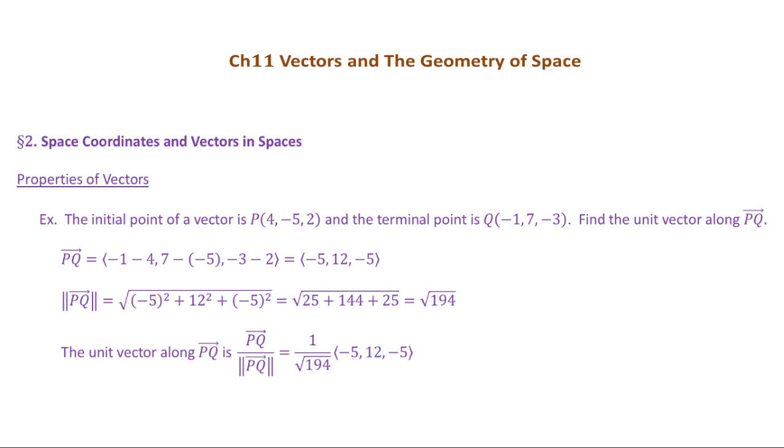So you get -5 over square root 194, 12 over square root of 194, and -5 over square root 194. That will be perfectly acceptable if you want to do one more step. Up to that point, you don't have to rationalize the denominator. Okay, I'm trying to tell you that.